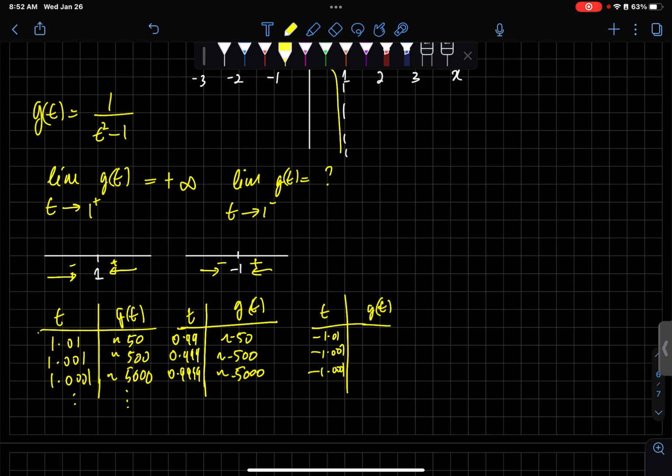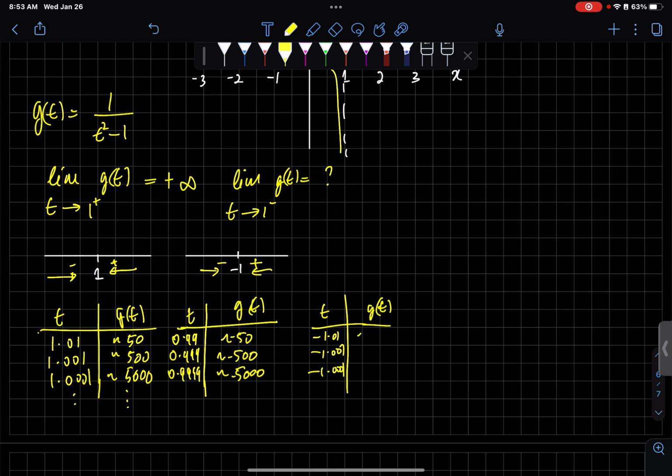If we repeat this calculation, we get something similar. Wait a minute. 1.01 squared minus 1, 1 over the answer.